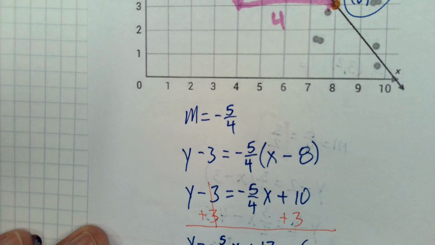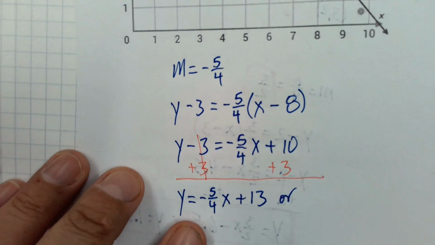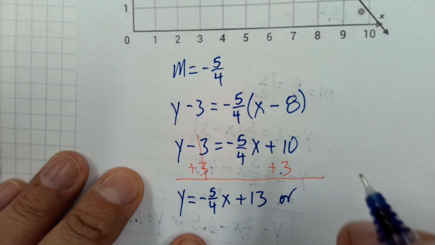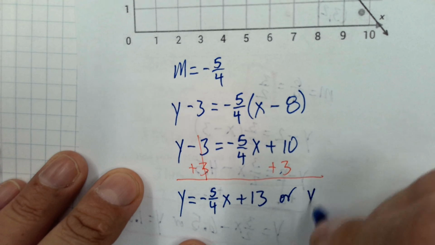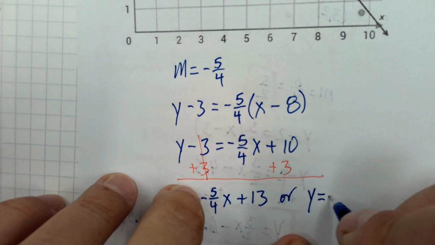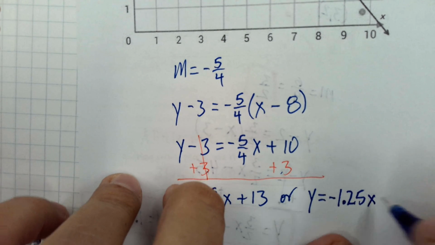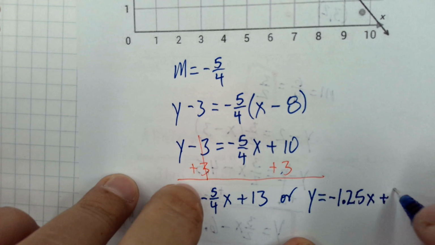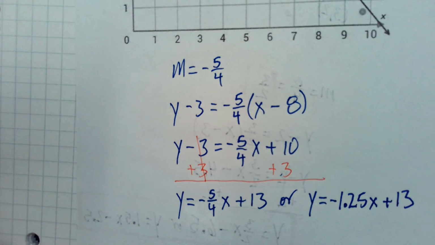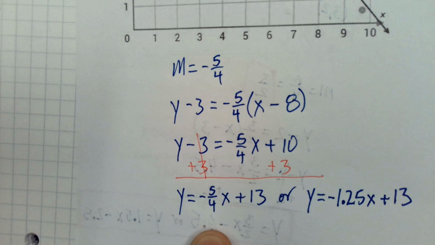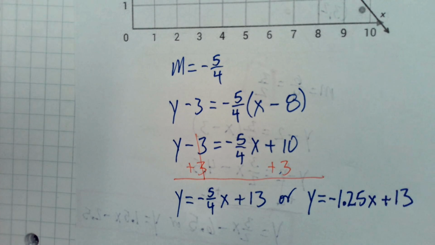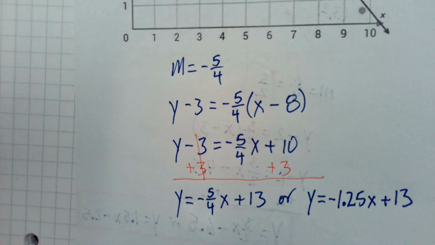Or I can convert negative 5/4 into negative 1.25 x plus 13. Just converted the fraction to a decimal.